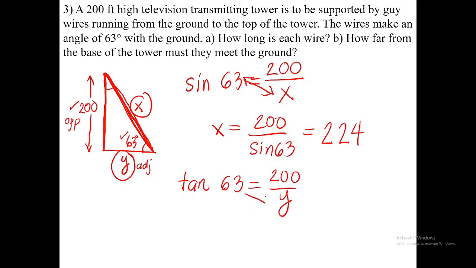We just interchange tangent 63 and y. So y is equal to 200 divided by tangent 63. How much is that? How much is 200 divided by tangent 63? 392, sir?